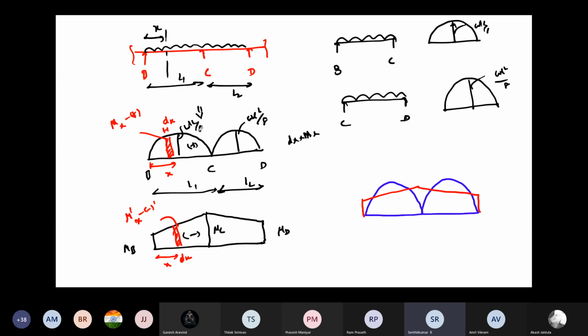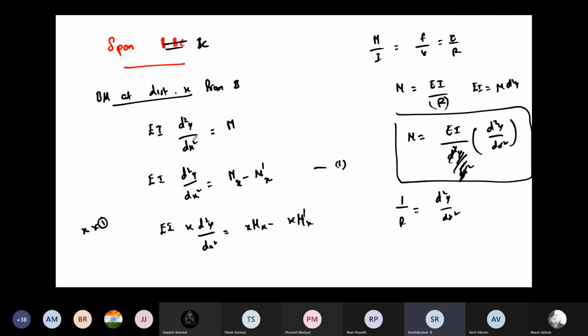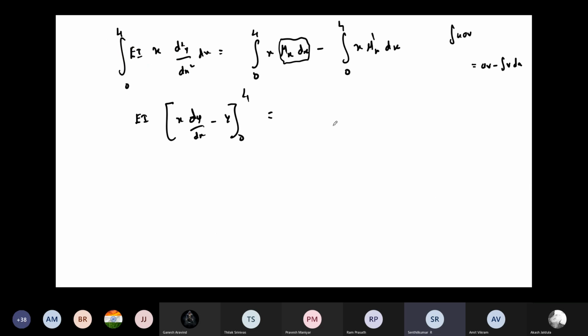It's a rectangular strip, so you just assume dx is a very small strip length and the height ordinate is Mx. So this is the area of the bending moment diagram, which I can write as A1.